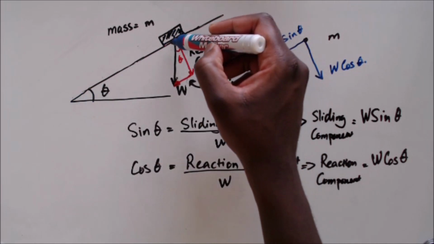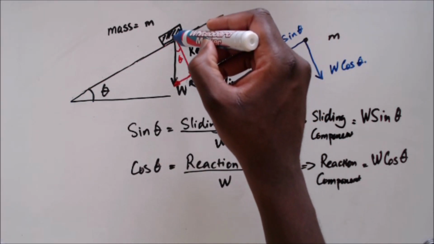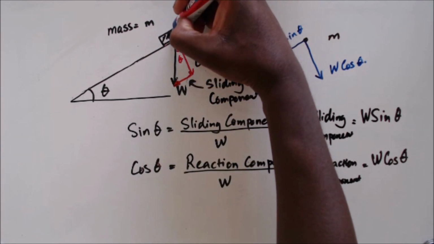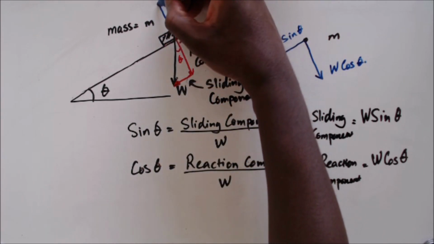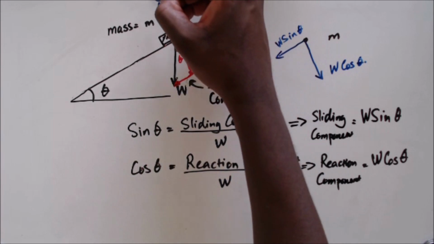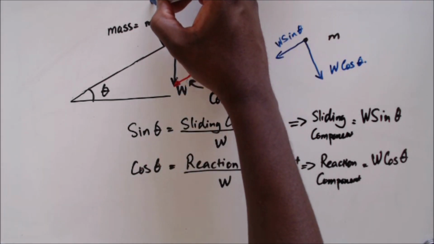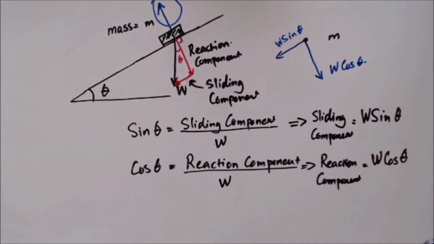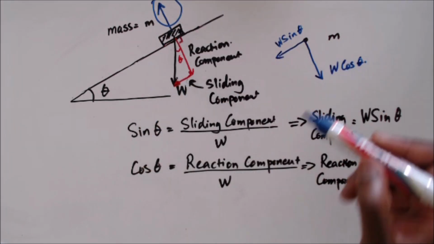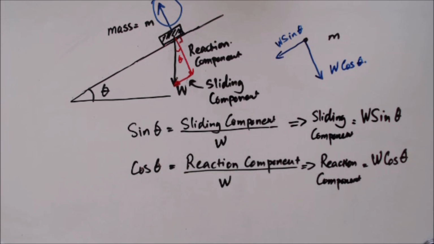And W cosine of theta, which pulls this mass into the plane, is going to determine the size of the force which the plane exerts on the mass. And this force which the plane exerts on the mass, which is the actual reaction force, will always be equal to W cosine of theta, because that's what planes do. When you push into a plane, it pushes up with a force which is equal to the force that you are pushing down with, as long as that plane is not compromised.